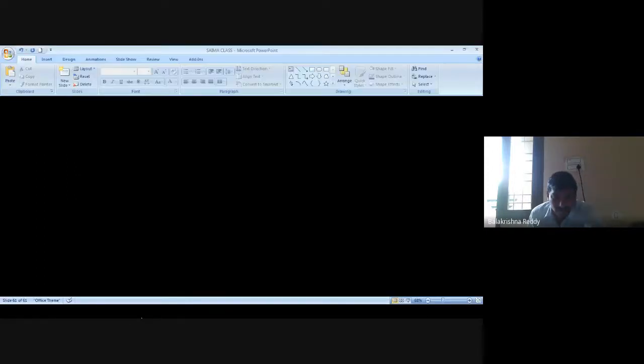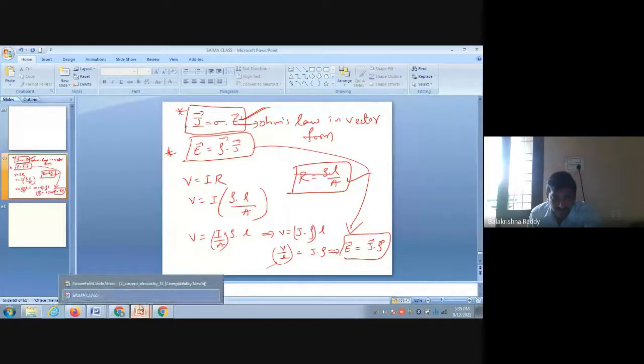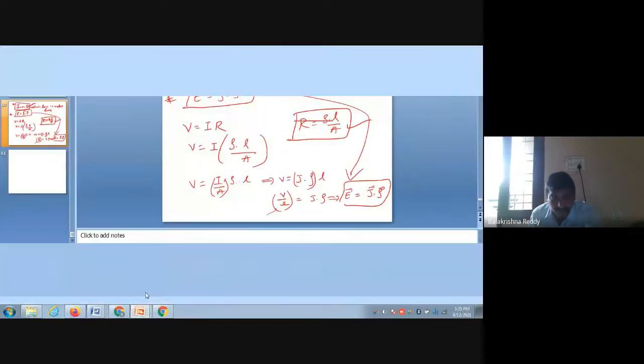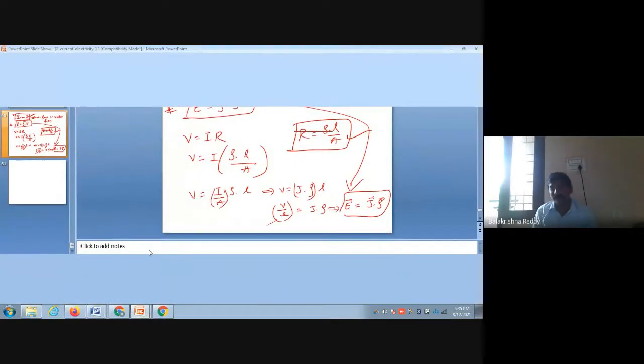There is an order of the colors, so we have to remember the order of the colors and the color values. Therefore we can say the value of the resistor without seeing the value. So how is it? Let us see.